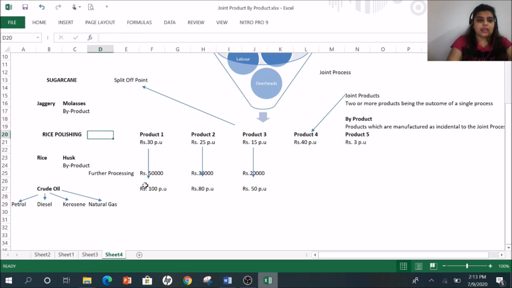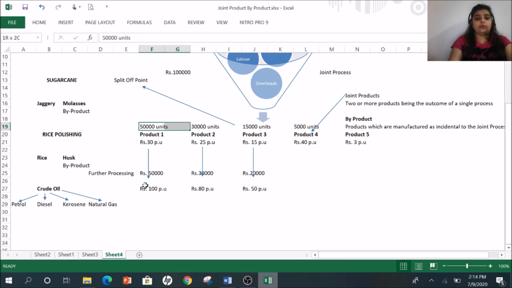And for the joint process, the cost was rupees 1 lakh, and with that 1 lakh rupees I could make 50,000 units of product 1, 30,000 units of product 2, 15,000 units of product 3 and 5,000 units of product 4. This was my output.